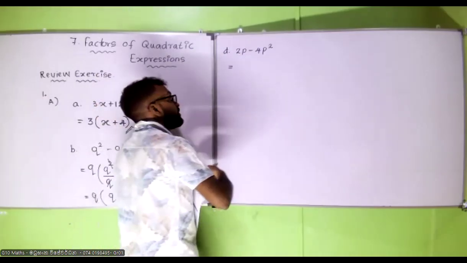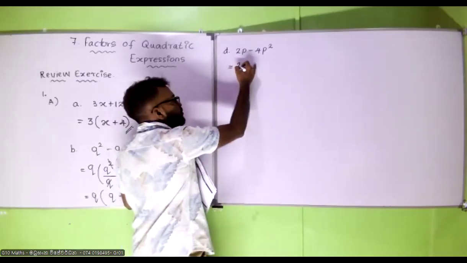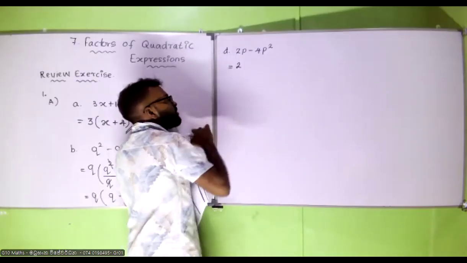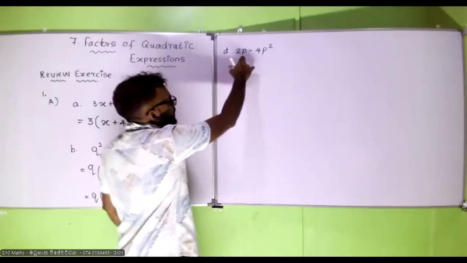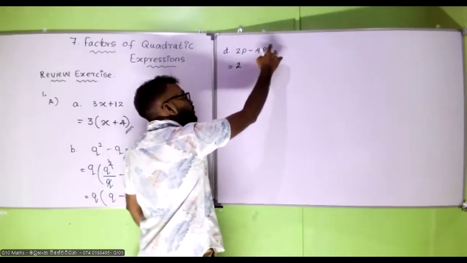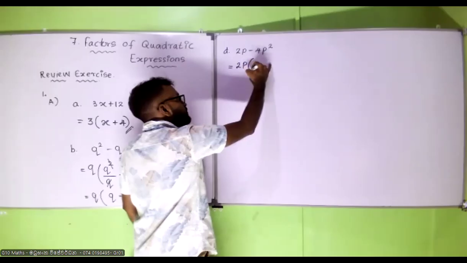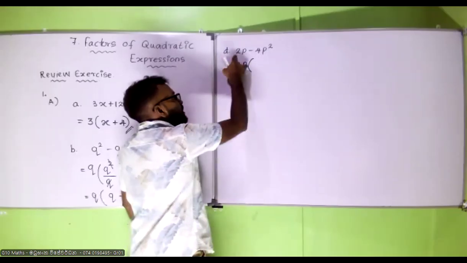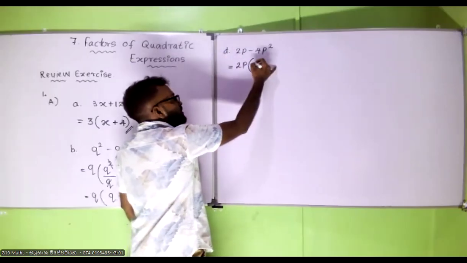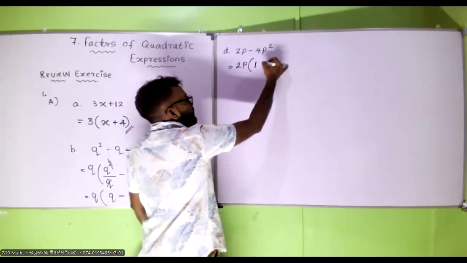So I will write 2p. That is my positive 2 as well. And here you are having p to the power 1, and here you have p to the power 2, so that you can take p to the power 1 out. If you are taking 2p out from here, the remaining term is 1.